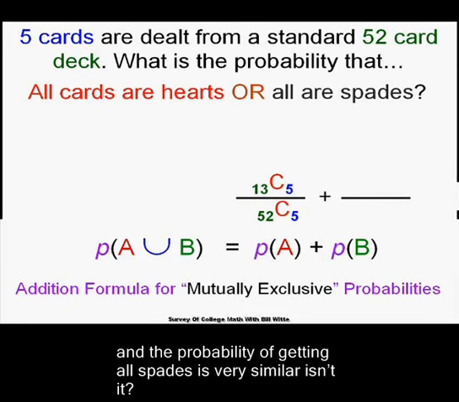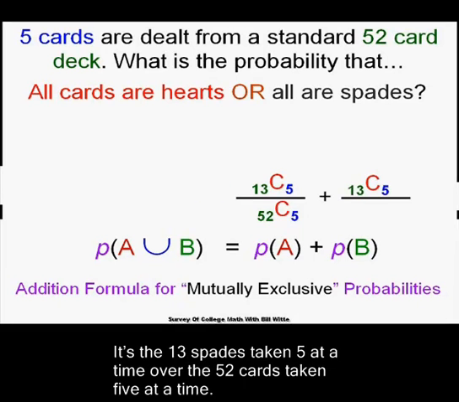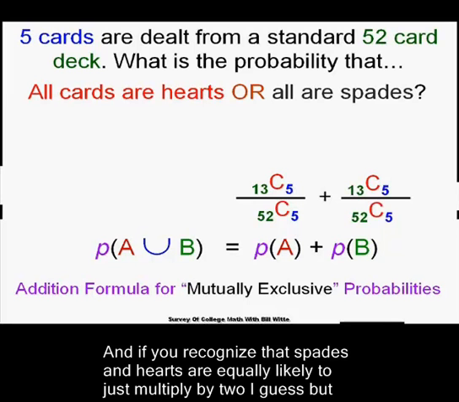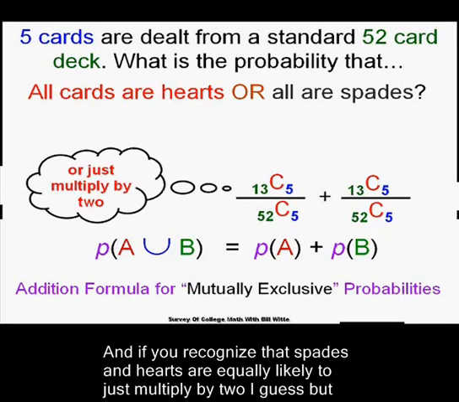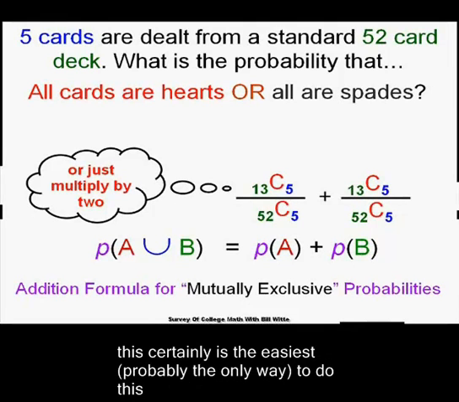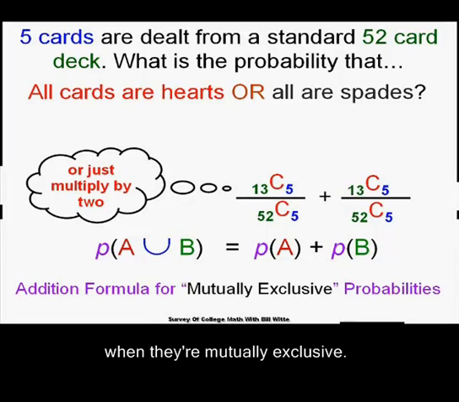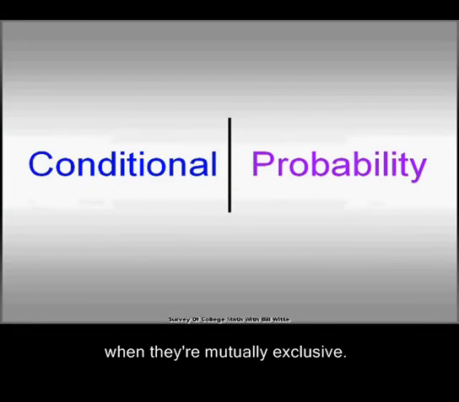And we can add in that they have all spades. That's going to be 13 spades taken 5 at a time over 52 cards taken 5 at a time. Now if you think about it, we could have just multiplied by 2, I guess. But anyway, the point is, in this case, we're not going to have to subtract out the intersection because there is no intersection.